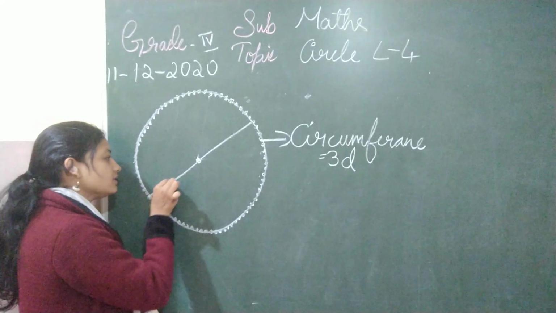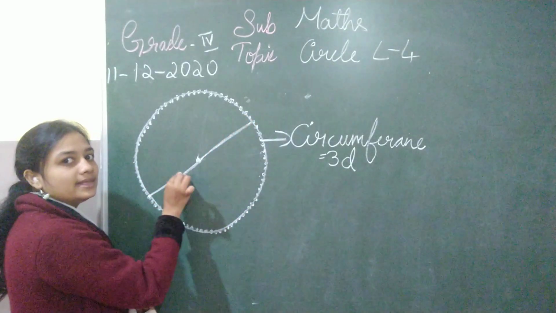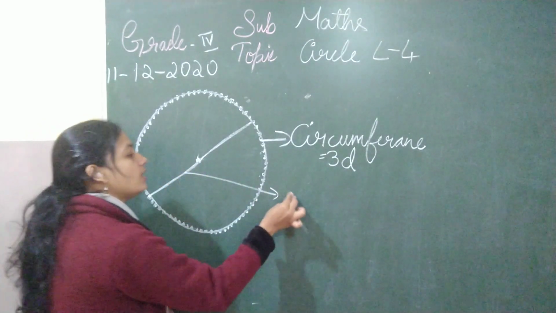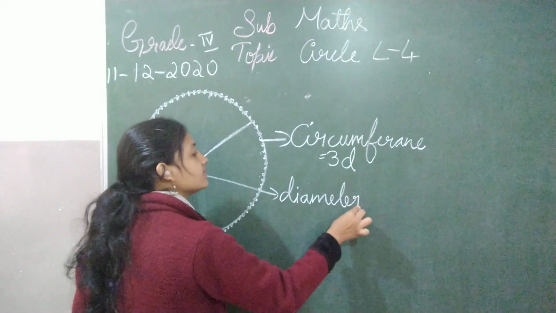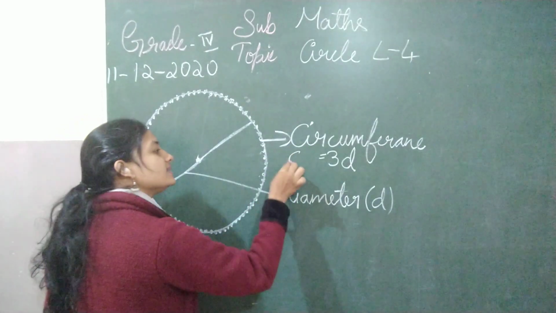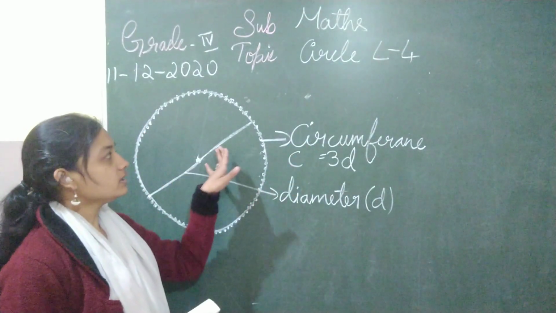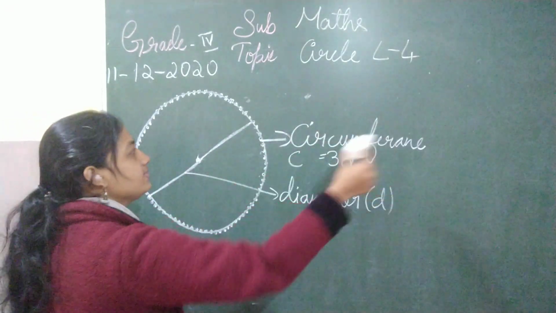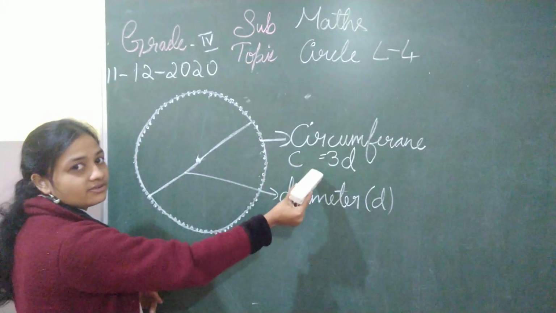The line which passes through the center and touches the other edge point is called the diameter. It is represented as D, and circumference we write as C. This diameter, if you draw this line 3 times, will be equal to the circumference here. That is the meaning I have written.